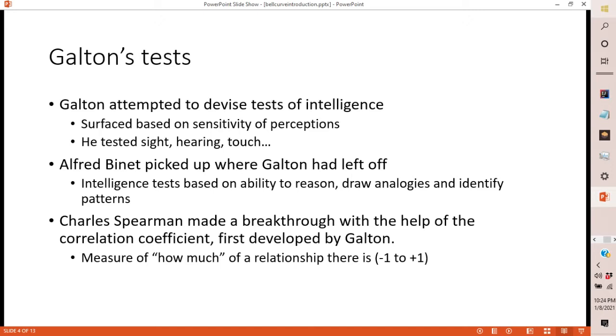That's the correlation coefficient. So there's a direct relationship between variables, or an indirect relationship. The closer you are to 1 or -1, the stronger that relationship is. Further away from 1, there's not really much of a relationship.